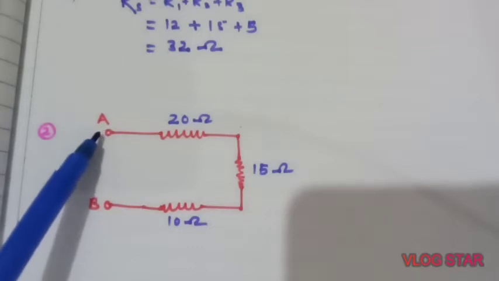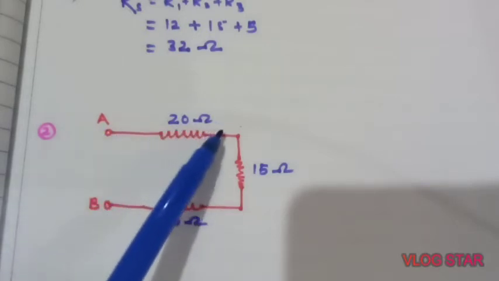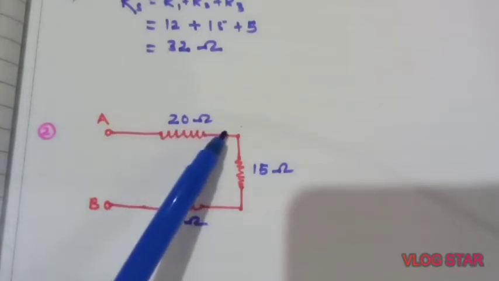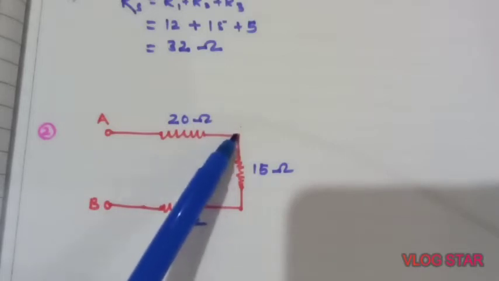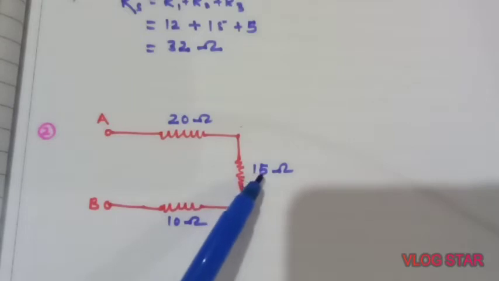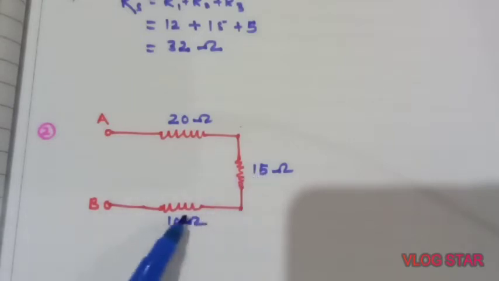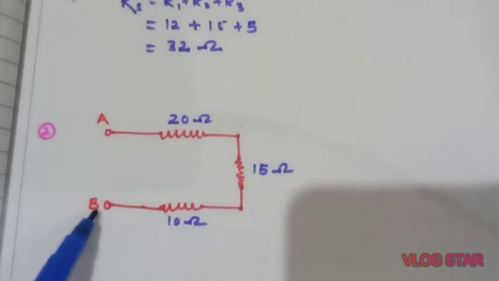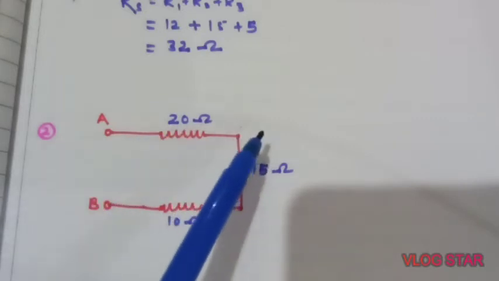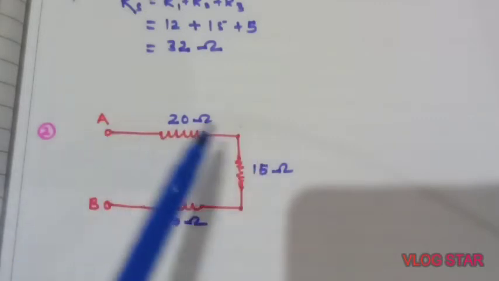Start with A. I have connected one resistance of 20. To the end of that first resistor, I have connected the second resistor, which is 15. To the end of the second resistor, I have connected the third resistor, which is 10 ohm, and finally we reach point B. Means each resistor is connected end to end.